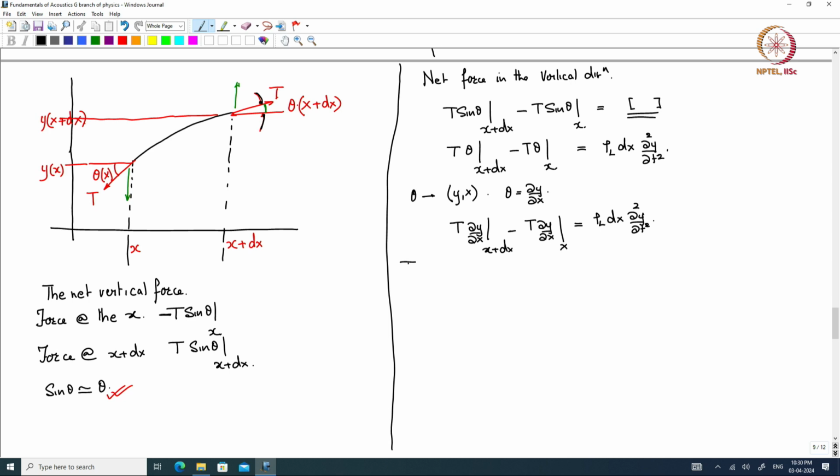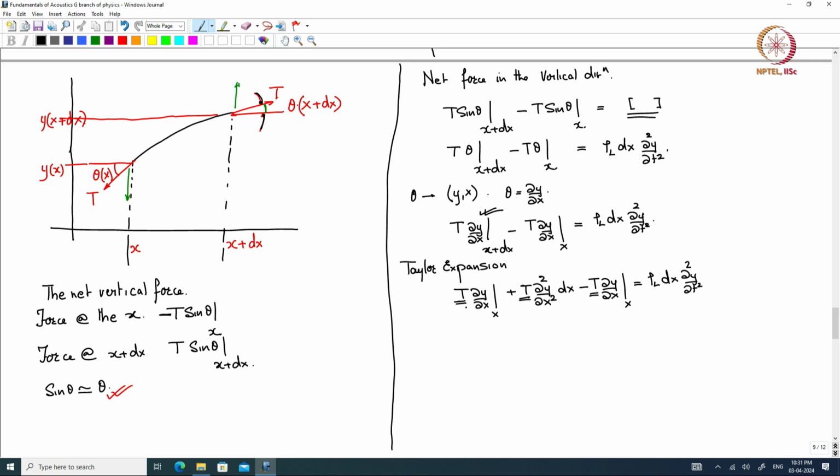And here we will use the Taylor expansion. Expanding this about x, what we have is T del y by del x at x plus T del 2y by del x square dx minus T del y by del x at x is equal to rho L dx del 2y by del t square, and that is because T is assumed constant.